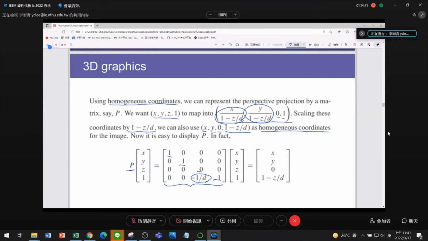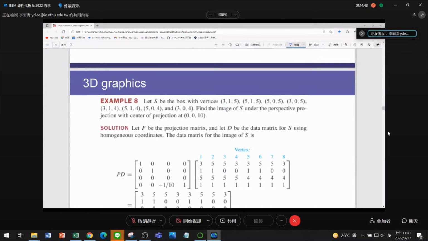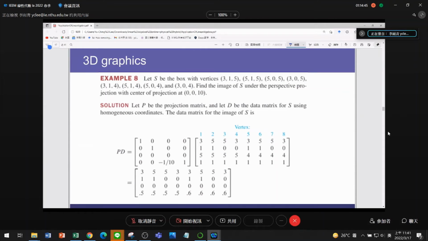And then with that matrix, let S be the box with vertices 1, 2, 3, 4, 5, 6, 7, 8. So this is a box that contains these 8 vertices.